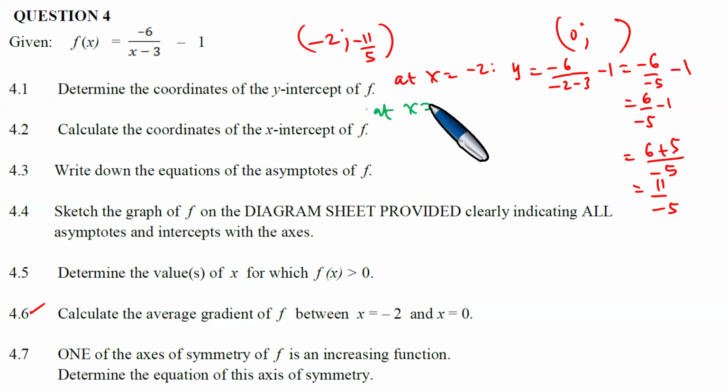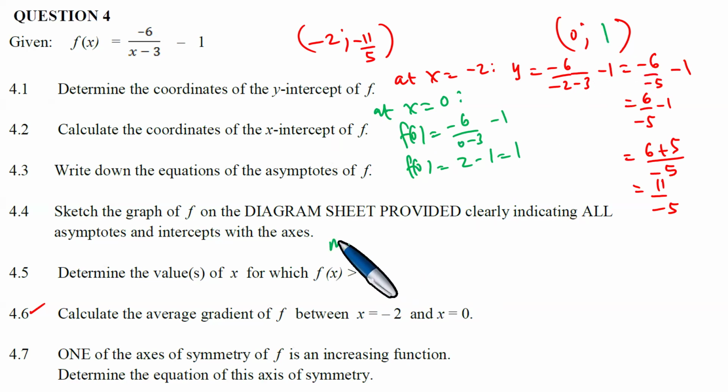At x equals 0, because average gradient between -2 and 0, when x is 0, you put it there. F of 0 is -6, 0, -3, -1. F of 0 is 2 minus 1, which is 1. Okay, so you have 1 here. What is the average gradient, which is y2 minus y1 over x2 minus x1.